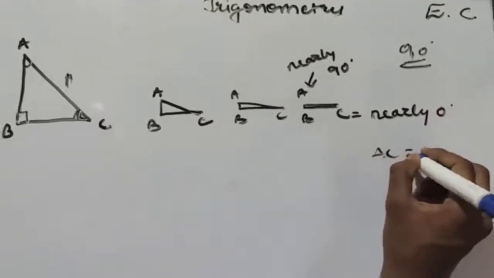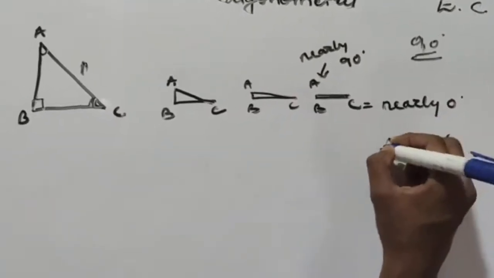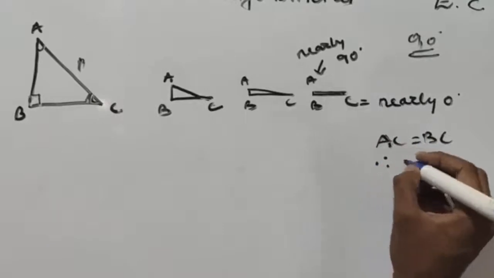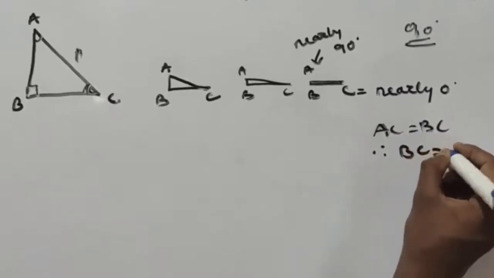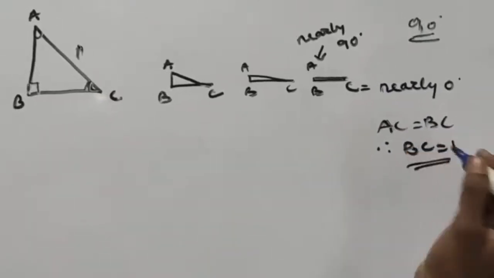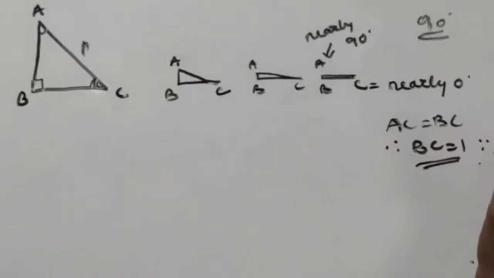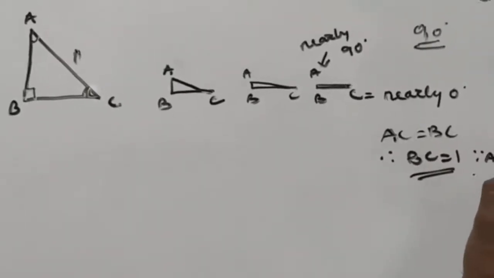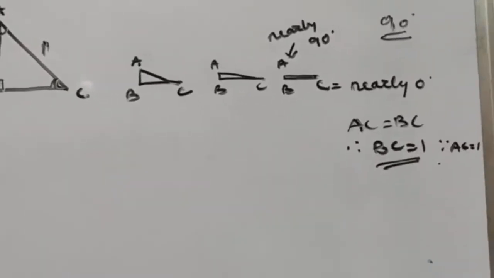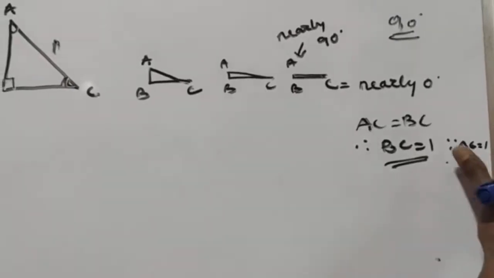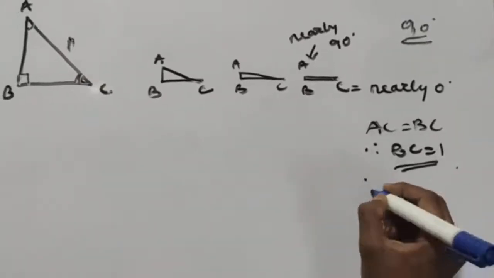So AC equal to BC, therefore BC will be equal to 1, since AC is 1, isn't it? Okay, let me write it like this.